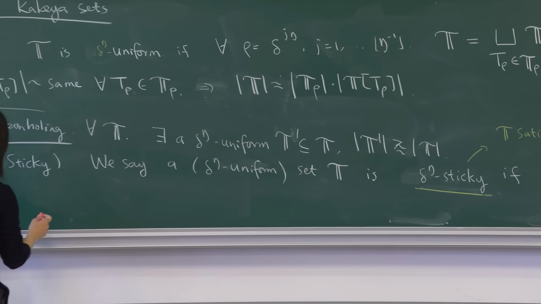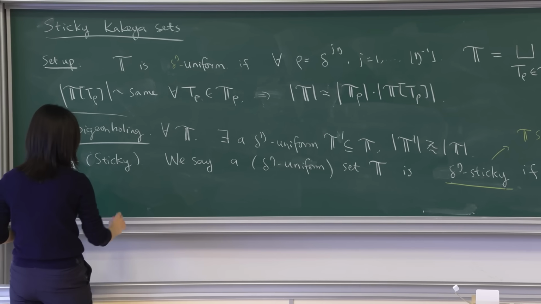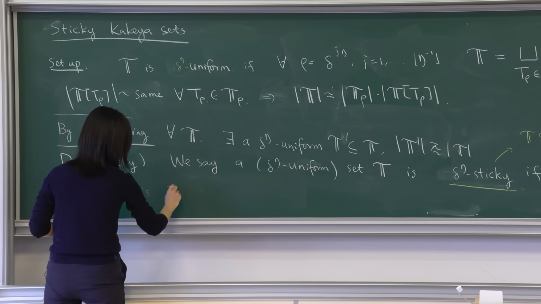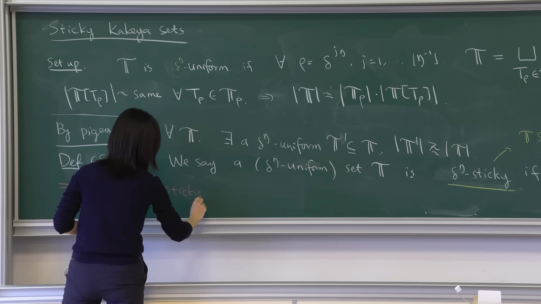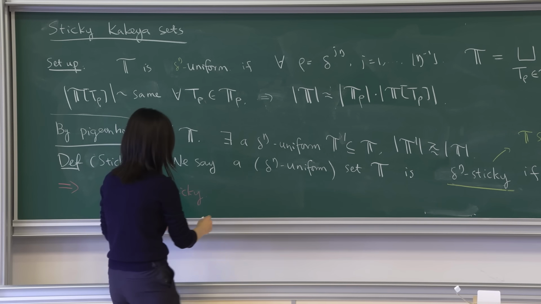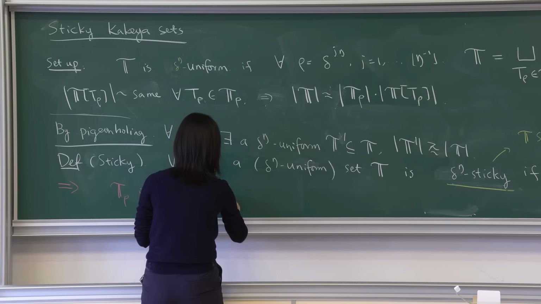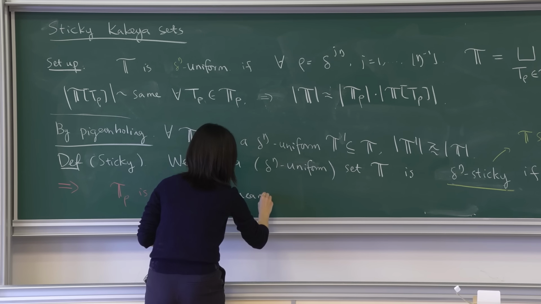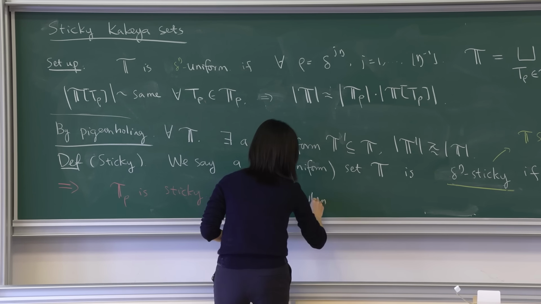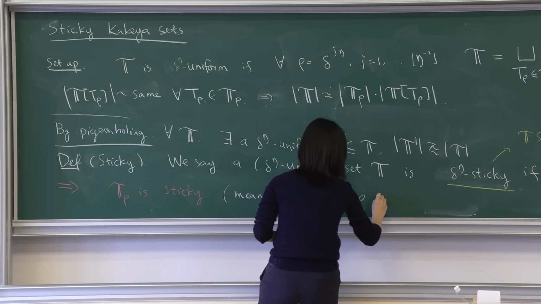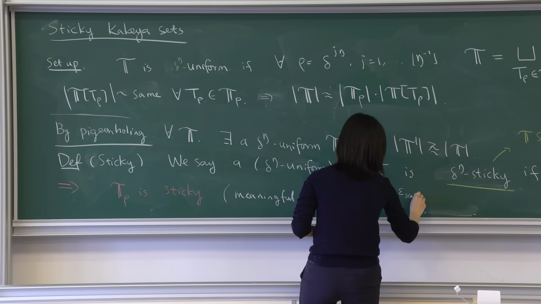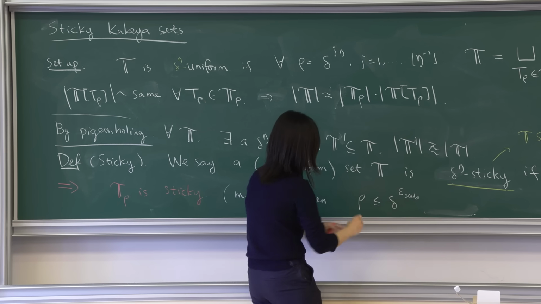Then this implies the following: it implies T rho is sticky. You might ask, what's sticky? This is uniform when, let's say, rho is less than or equal to delta to the epsilon. We call this the epsilon scale.